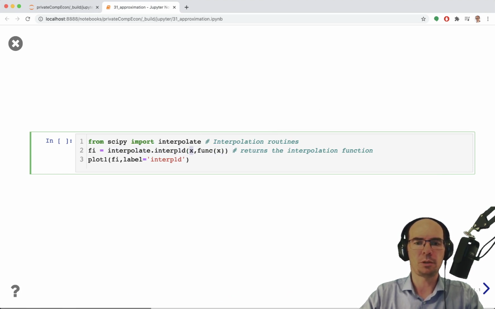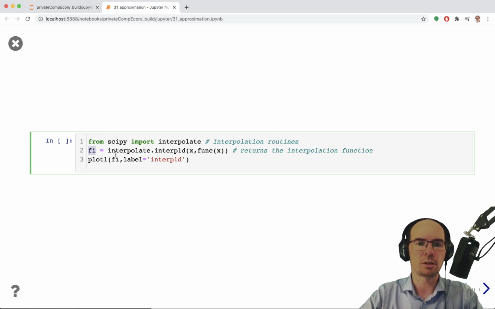What do we have to give to this function? Well, it's the data, the axis, and the functional values computed at the axis. So this is the data which is used for interpolation. This call here produces a callable object, which is the interpolation function itself.